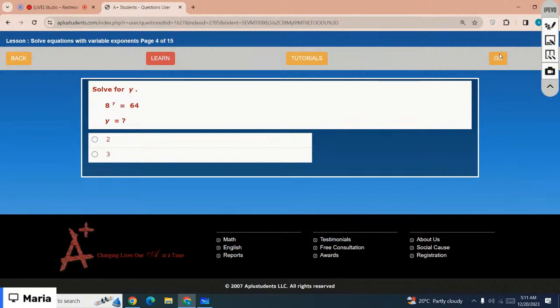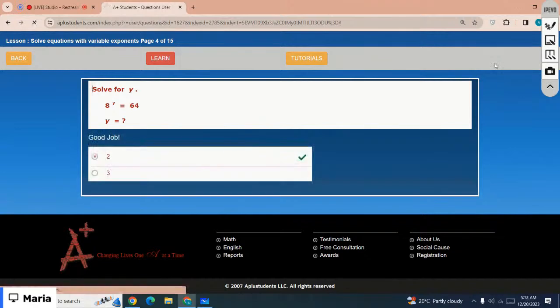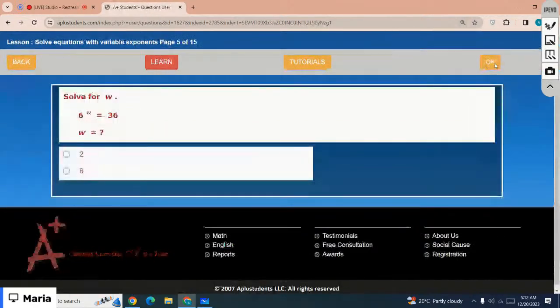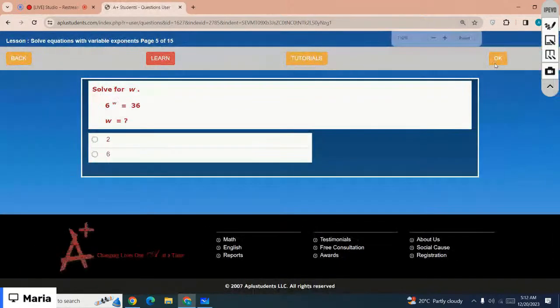Yes, the correct option is y equals 2, right? Because 8 times 8 is 64. So the correct option is 2. The next one is solve for w. 6 exponent w equals 36. So which is the correct option?